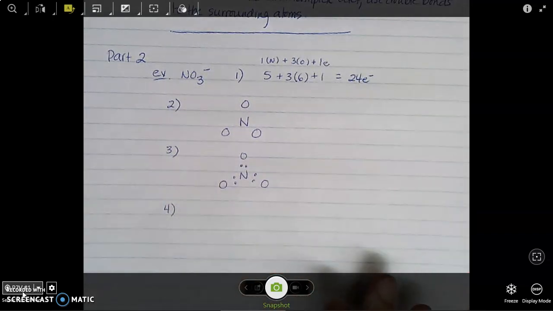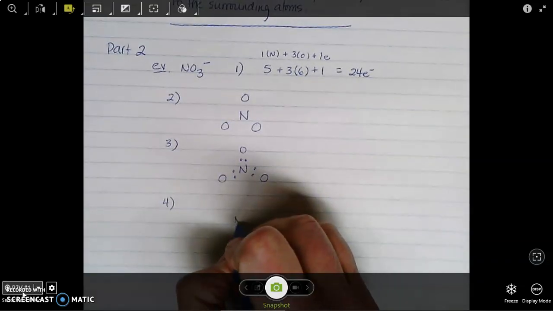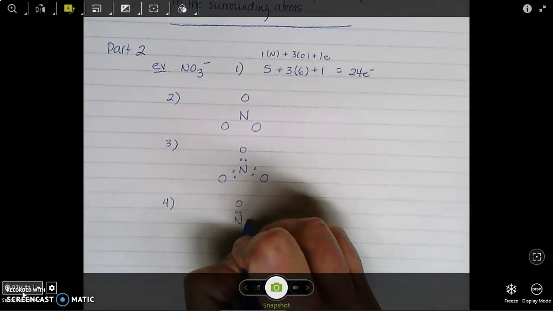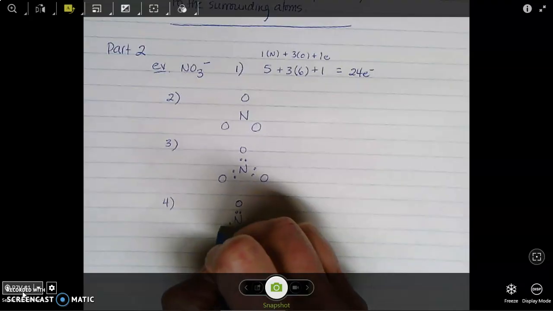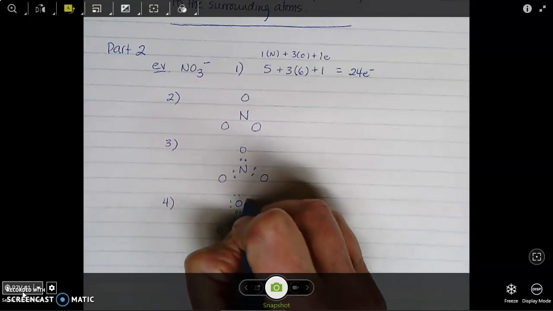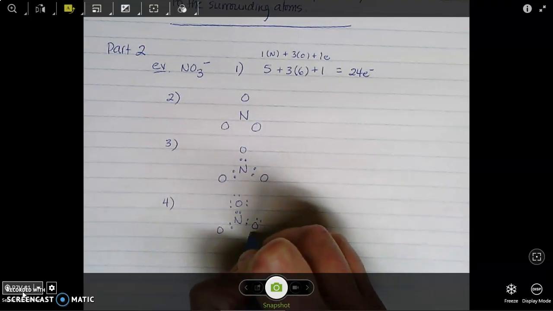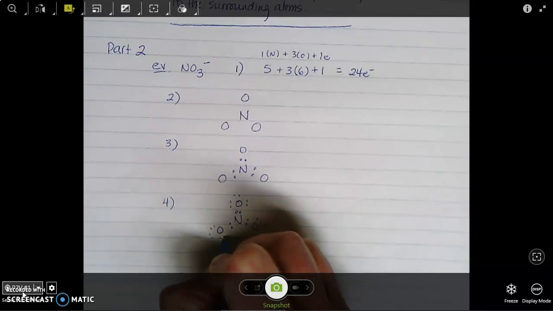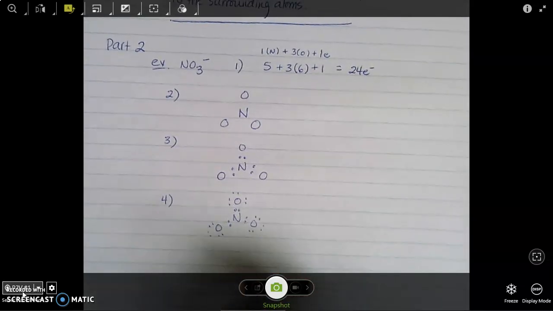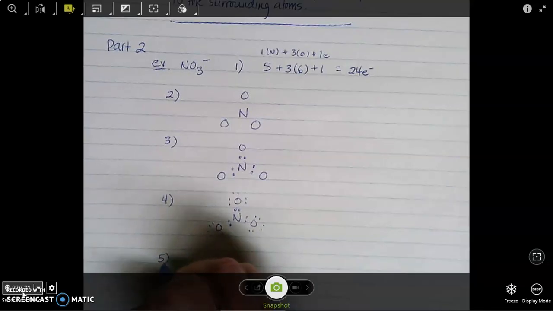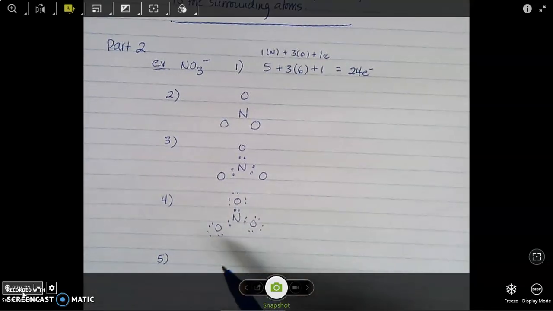Step 4 says complete the octets of my surrounding atoms. Okay. All right, now that's done. Step 5 then, what I need to do is decide whether or not I have any electrons left over.